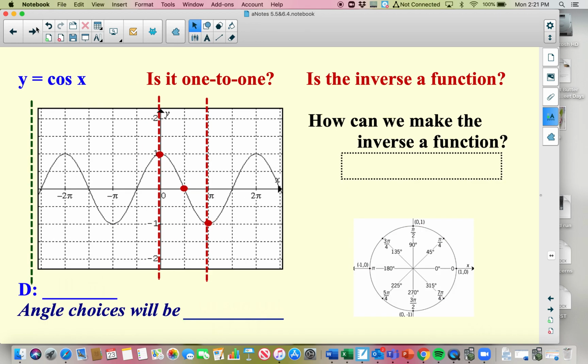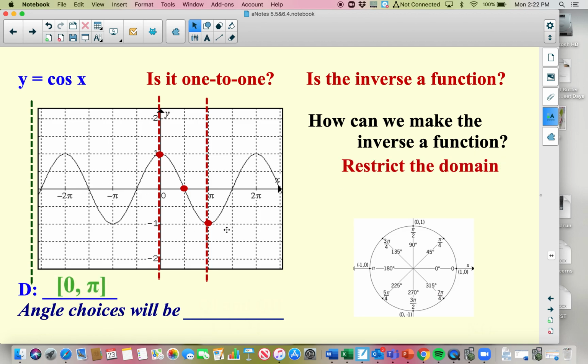Going on to cosine of x, for the very same reason as sine of x, if I wanted to make this one-to-one, I need to restrict my cosine wave to make sure that the horizontal line test is passed. Your textbook chooses between 0 and pi. Of course, you could choose any region, but I'm going to restrict my domain from 0 to pi because then when I do the horizontal line test in this region, it passes and makes the function one-to-one.